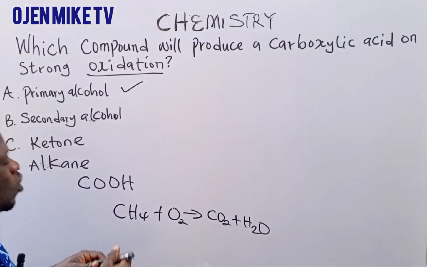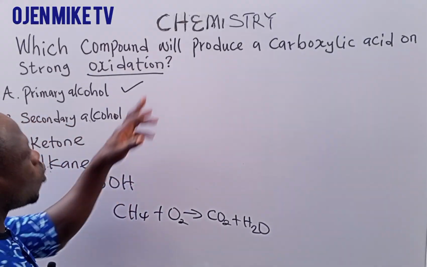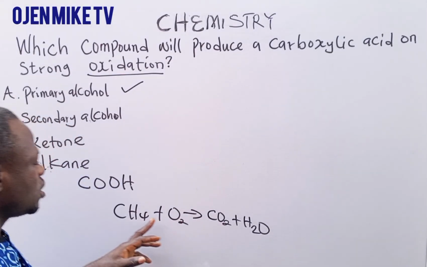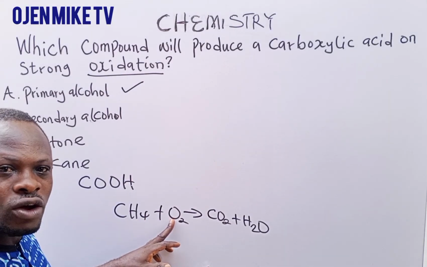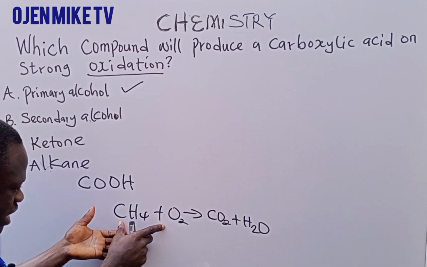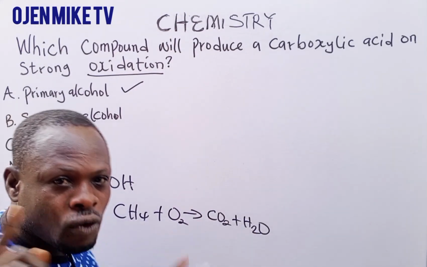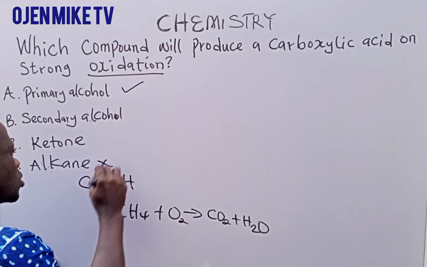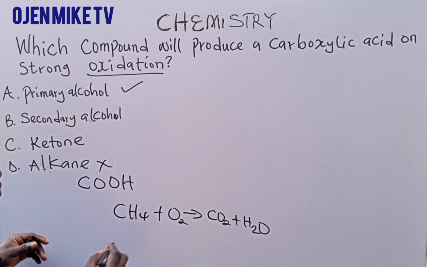So this one will rather undergo combustion, that is burning, than oxidation. We say oxidation is addition of oxygen and removal of hydrogen. If you add oxygen here, what you get is carbon dioxide and water. So this one is wrong.